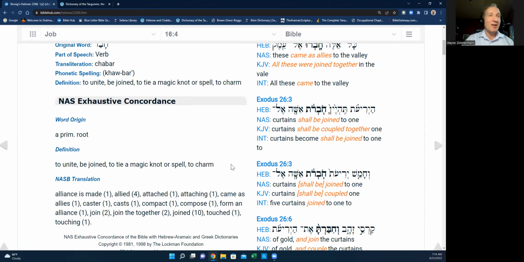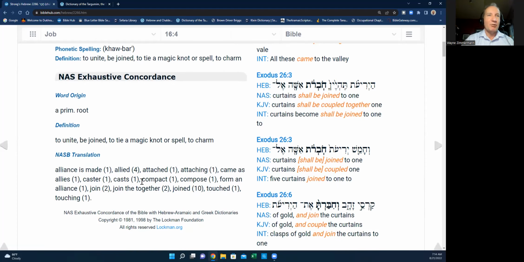Because I've never seen any English translation that gave any indication that this has any meaning of being charmed together. You'll see here, it's used quite a few times, 30 times in the Bible, and no one translates it as charming, casting a charm or a spell, or being possessed in a way.